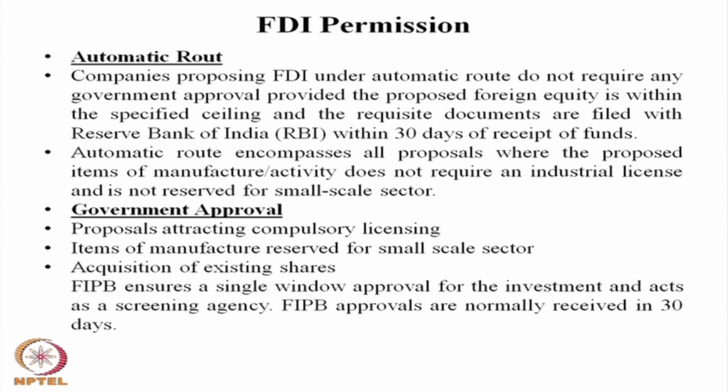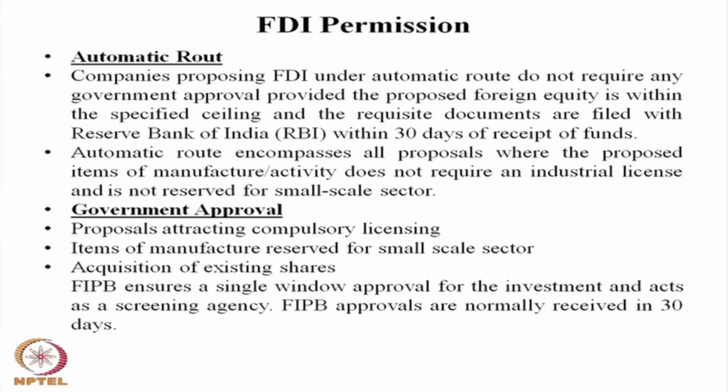Under the automatic route, proposals may be in the form of manufacturing activity where an industrial license is not required, because in the Indian context there is a reserve list and a free list. In case of the free list, automatic permissions are there.